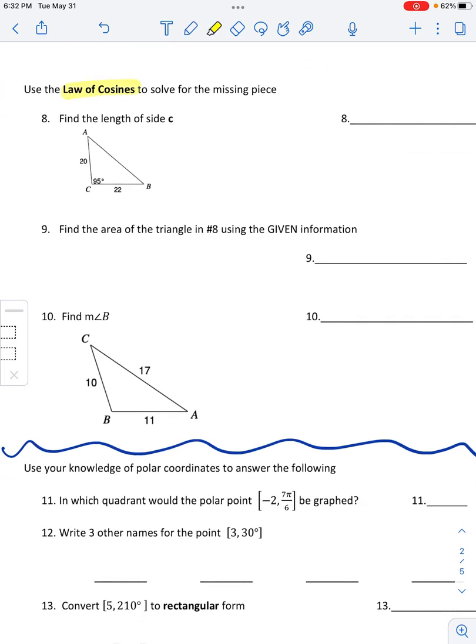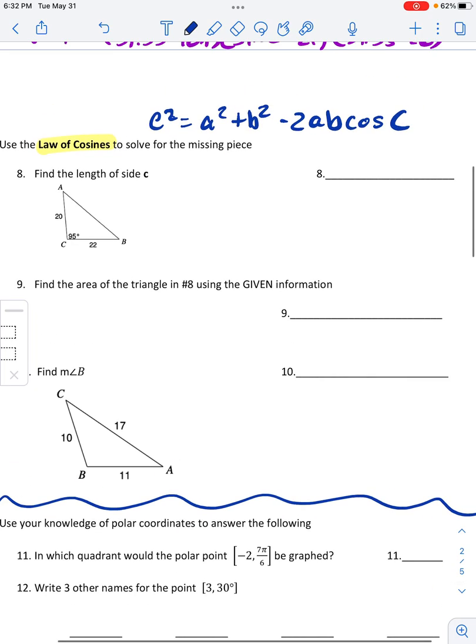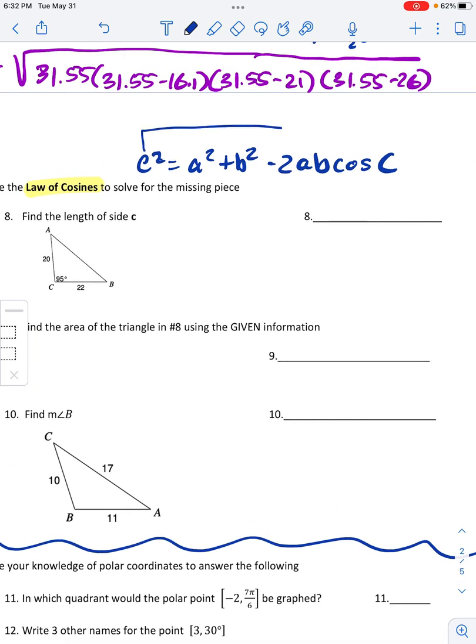This is going to be law of cosines. If you forgot the law of cosines, it looks like this, c squared. But we're not going to be obsessive about the letters. We're going to remember that these two have to be the same, so they can both be A or B or C or D or E or F, for all the 26 letters. It doesn't matter.